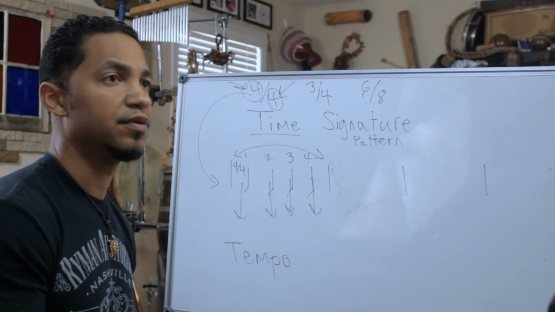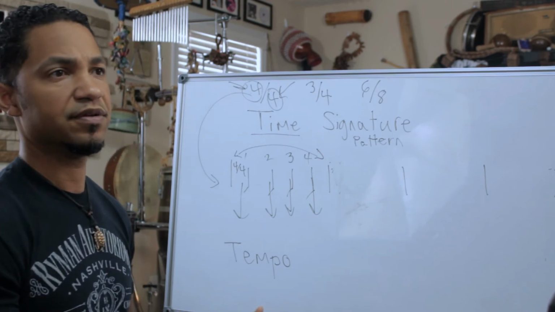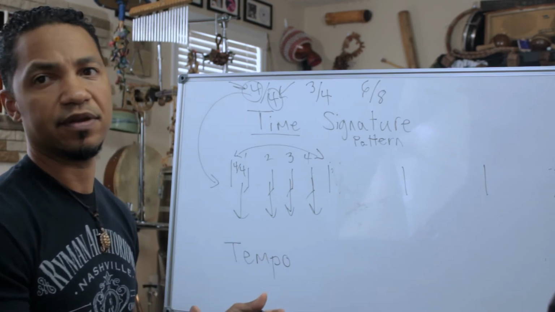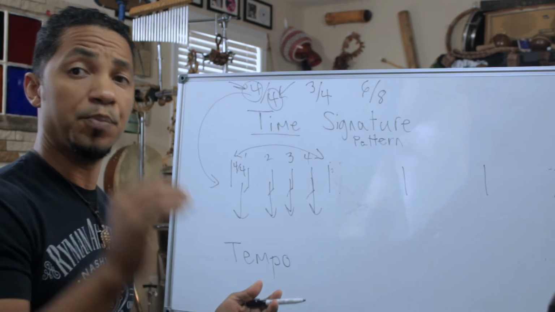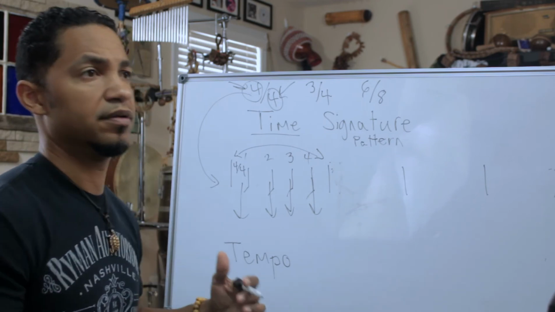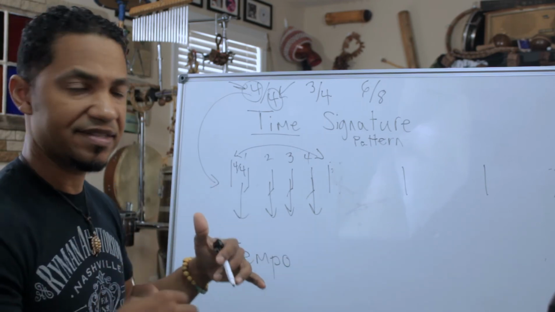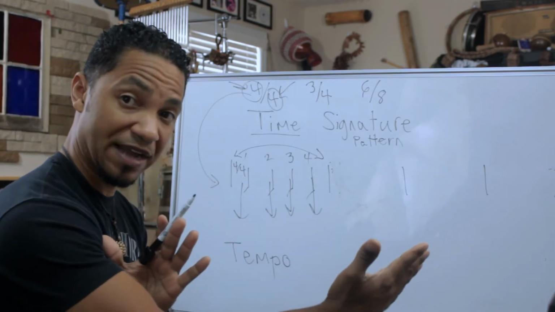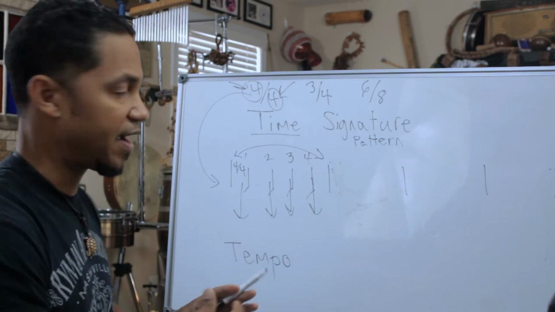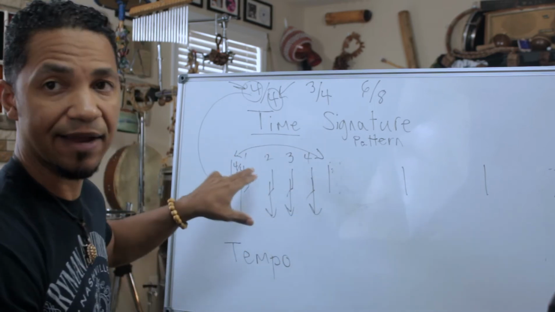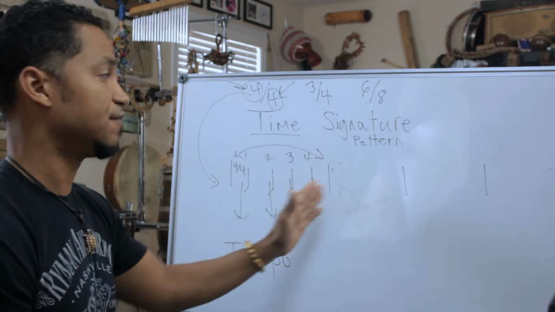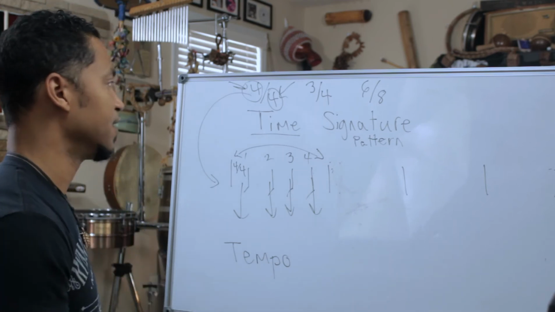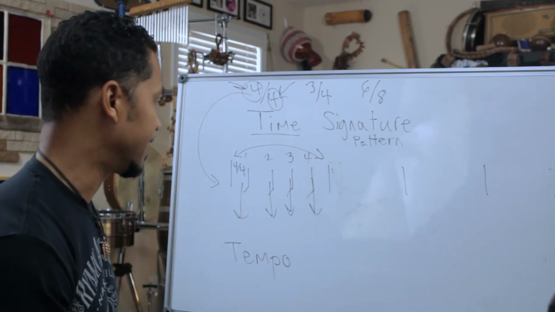Boom, cat, boom, cat, boom, cat, as opposed to boom, tat, boom. So you notice the 4/4, I went back to 4/4, was a little longer, right? So it has to do with the amount of time that it takes for the pattern to start over, okay? Because we're manipulating time there, all right?